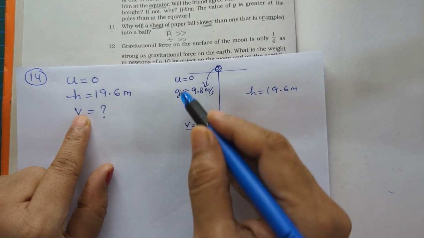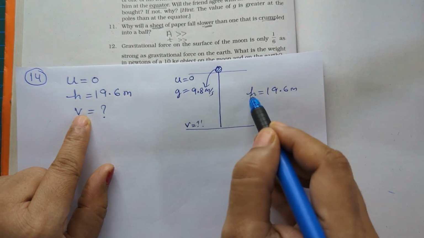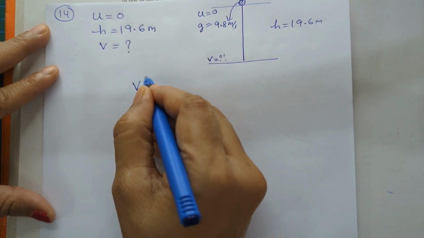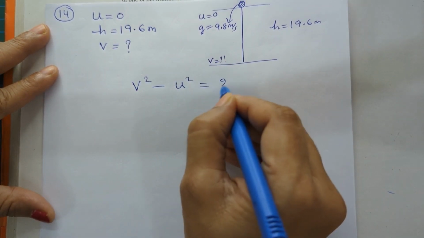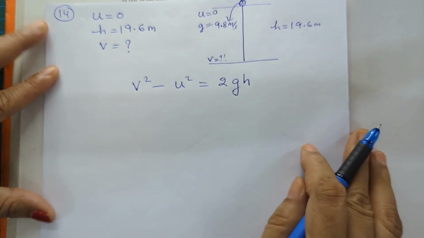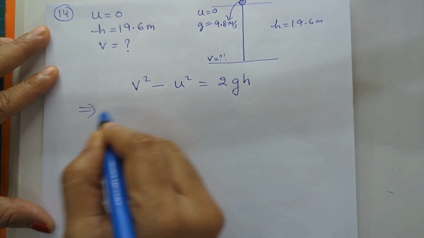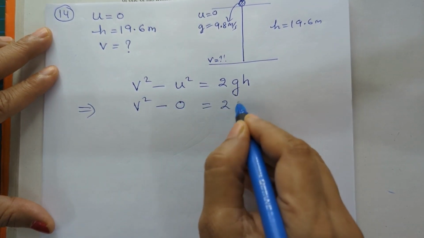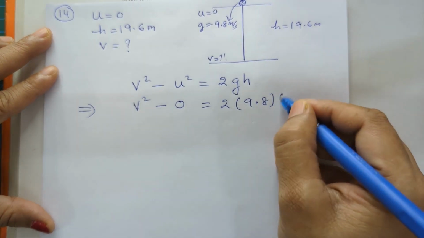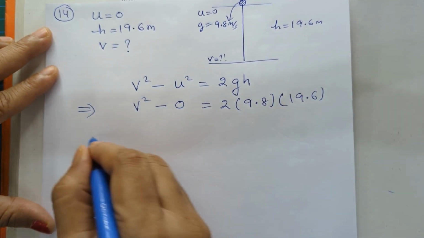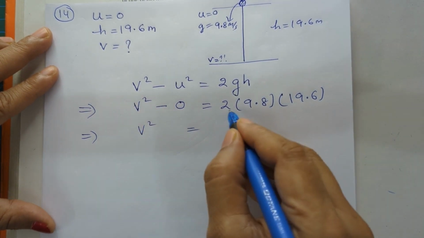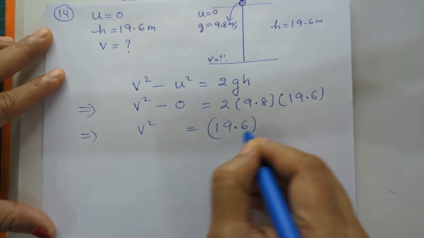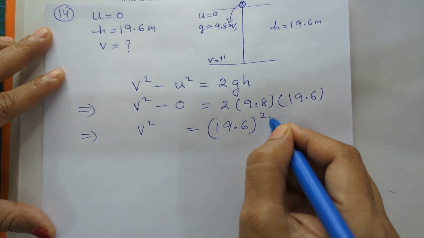You see, u, v, g, h, all of them are in the third equation of motion, so we'll apply that. v square minus u square is 2as, meaning 2gh. v is our requirement, and since the initial velocity is 0, 0 square is 0, so v square is twice of 9.8 times 19.6. Twice of 9.8 is actually 19.6, so 19.6 times 19.6 is 19.6 square.